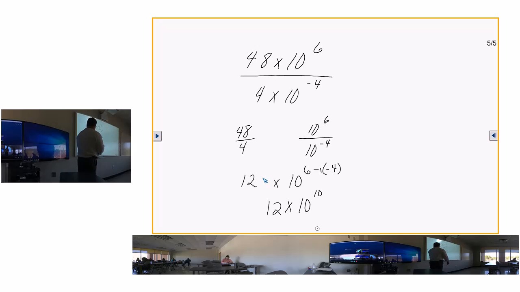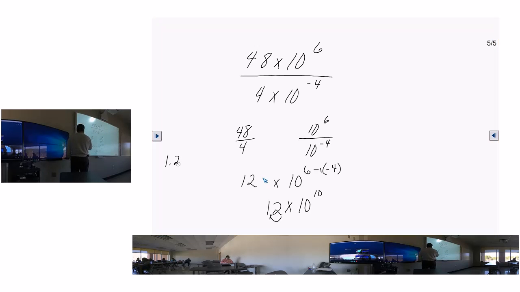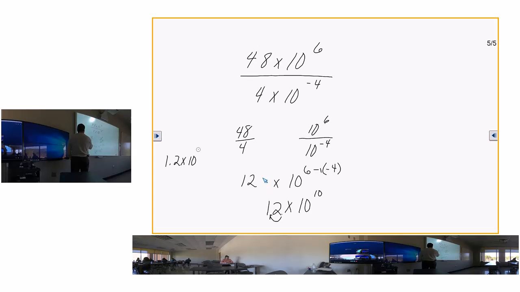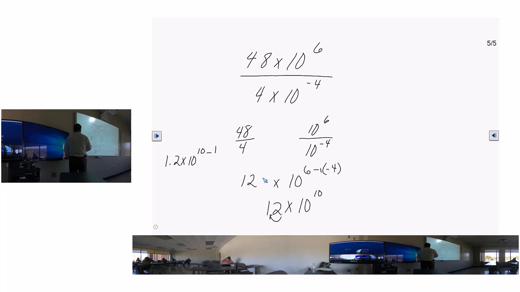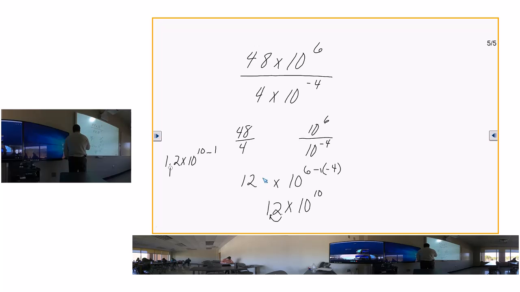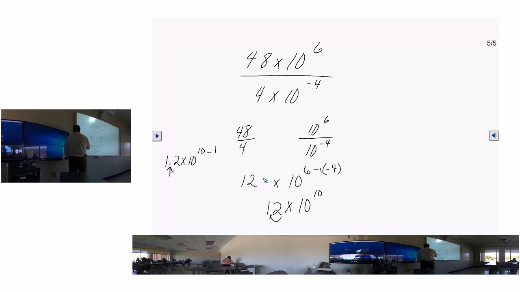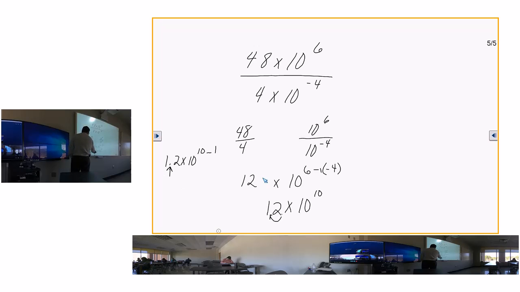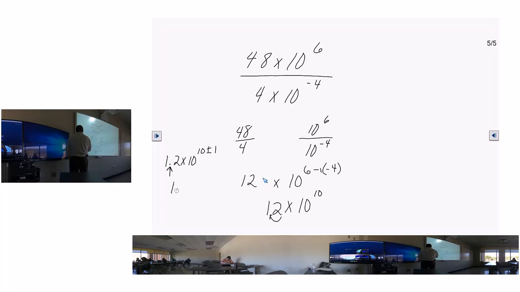Well, that's not right because we've got to have the decimal right here. So again, one place. So that's going to be 1.2 times 10 to the 10 blank 1. Which way do I move this decimal in my head to get it back the way it was? To the right. And that'll be 1.2 times 10 to the 11th power.